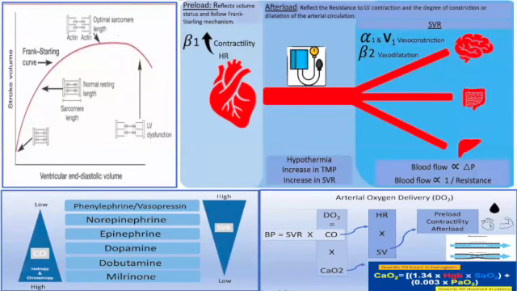Again, just to emphasize: depressed cardiac function with warm shock, then you will use epinephrine. Normal or hyperdynamic cardiac function with warm shock, then norepinephrine will be the best option.